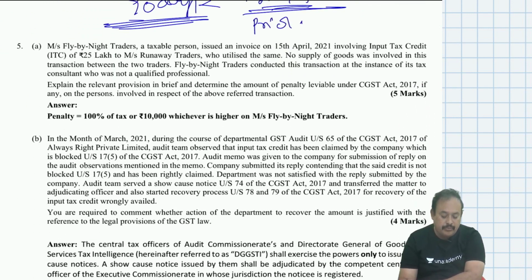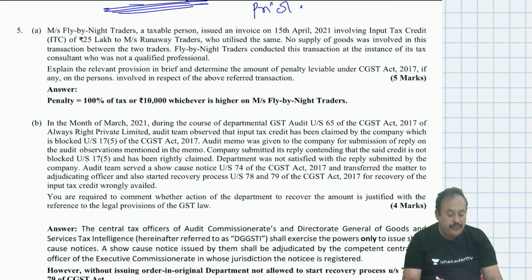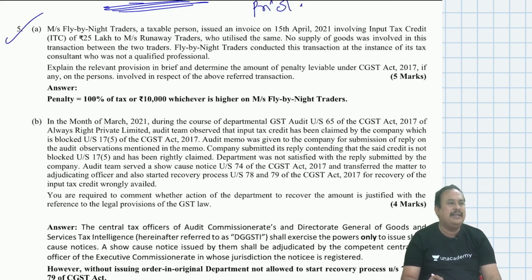Further, question number 5. In that, point number A. Messrs. Fly by night traders, a taxable person, issued an invoice on 15th April 2021 involving input tax credit of 25 lakh to Runaway traders, who utilized the same.